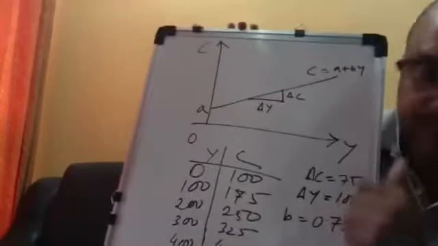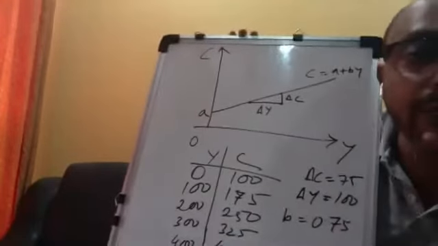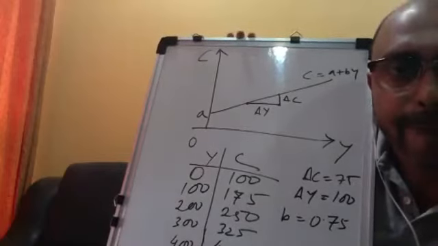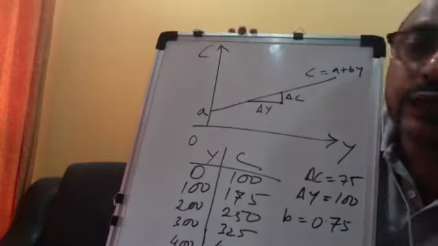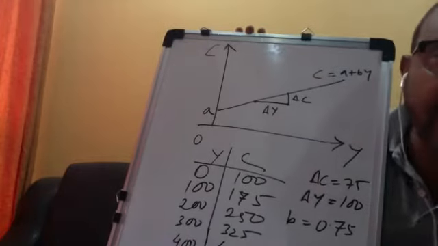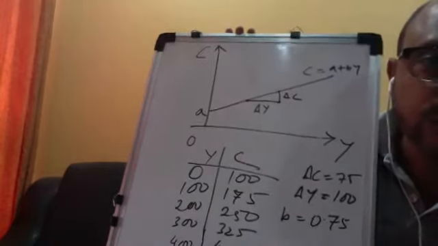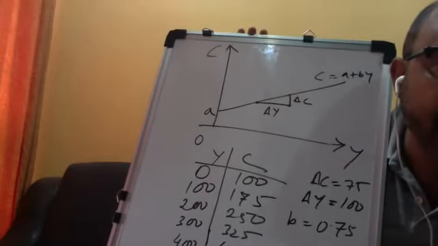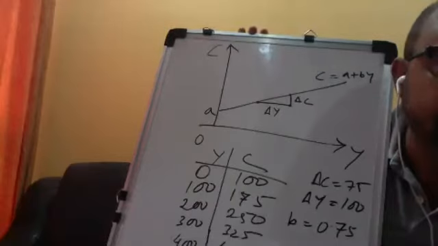That is MPC. Now, Pranav, can you hear me? Yes, sir. You tell me what will be the consumption function by putting the value. C equals to what? You tell me. Can you repeat, sir?